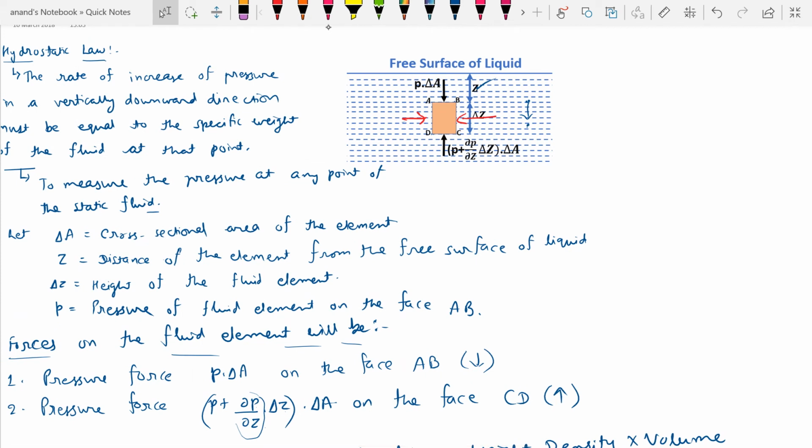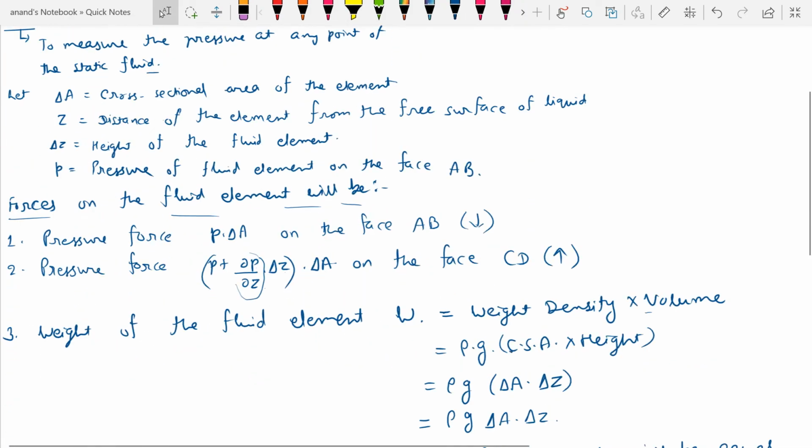So there is no sense in resolving the forces in the horizontal direction. Now let us resolve the forces in the vertical direction.